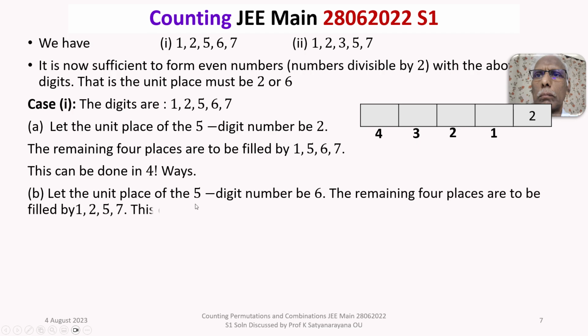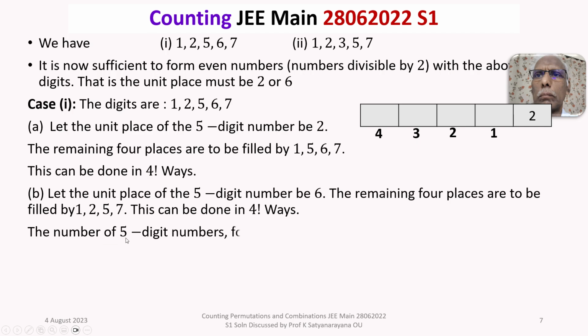Now case 1b. Let the units place of the 5-digit number be 6, instead of 2. The remaining 4 places are to be filled with 1, 2, 5, 7. This can be done in factorial 4 ways as above.